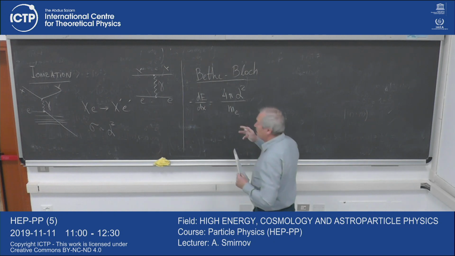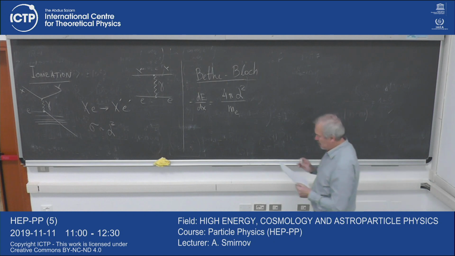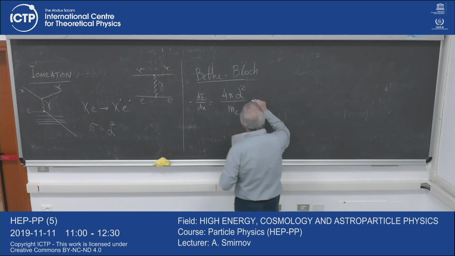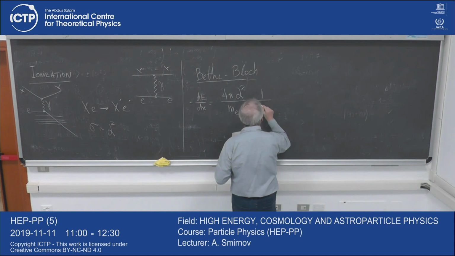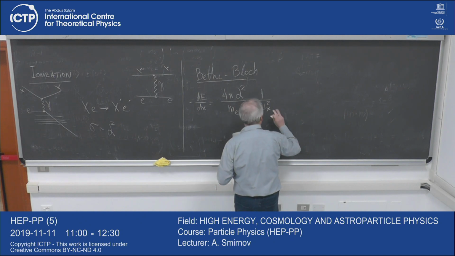This essentially reflects the Bohr radius; I will explain how it appears. But then the most important factor is 1 over beta squared.